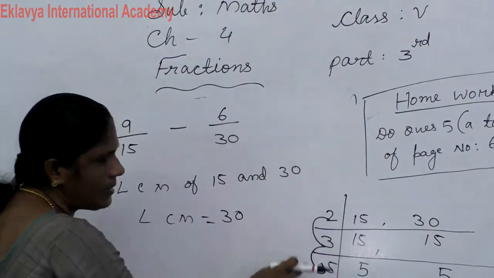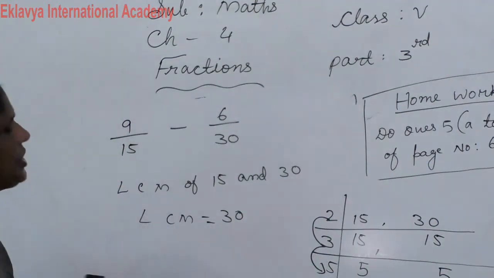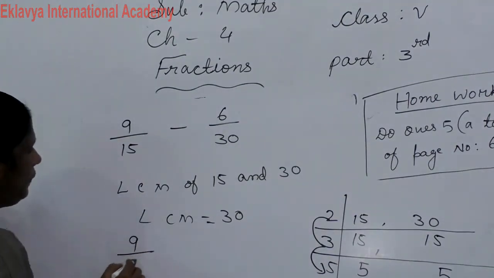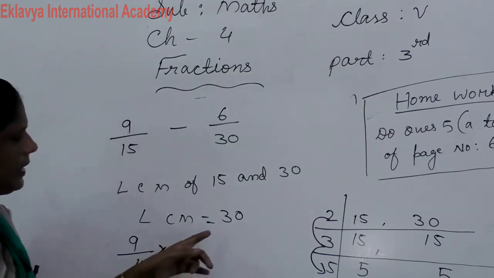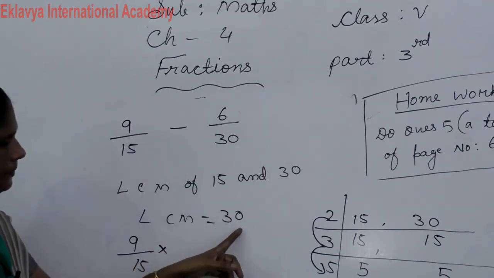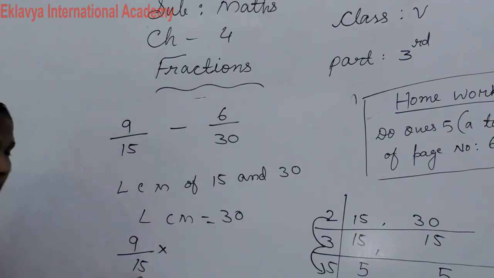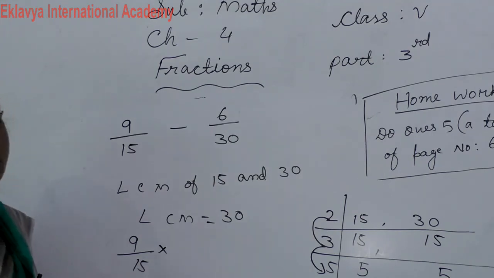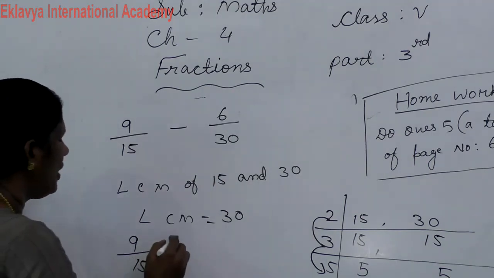Our LCM is 30. Next step, as in the addition steps, follow here. 9 by 15 multiply. LCM divide by denominator, that is 30 divide by 15. How many times? 2 times.